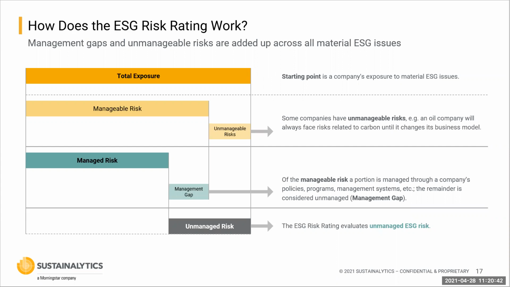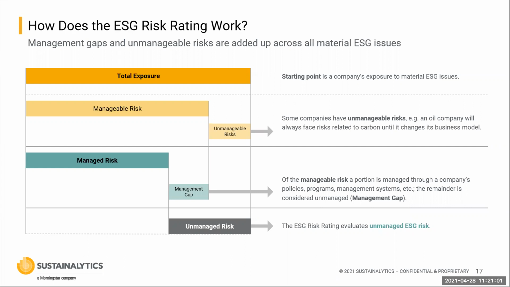There is a large component of that risk which remains inherent to their business and they cannot manage. So that is what we call manageable risk factor. And this is applied across all sub-industries, across all issues.